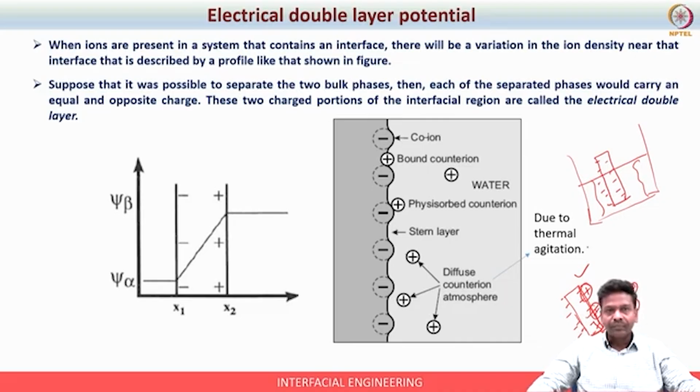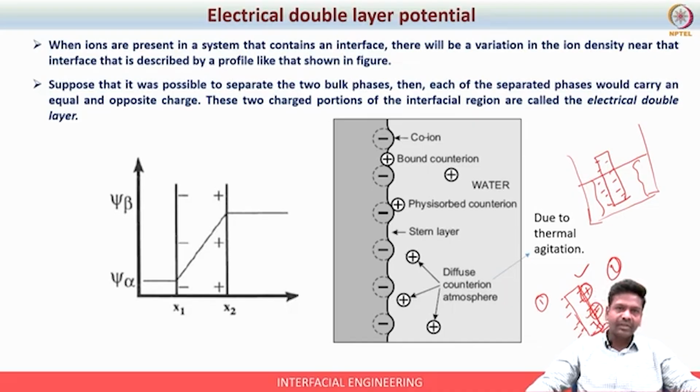Okay, so in this way you can expect that there will be a change in the ion density across this surface, right? A potential variation will be there. If I consider these two as two bulk phases, the solid as one bulk phase and the liquid medium as another bulk phase, and I separate them, then you can see that both bulk phases carry equal and opposite charge.